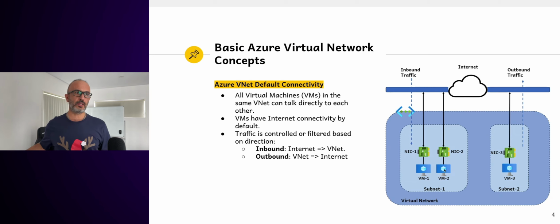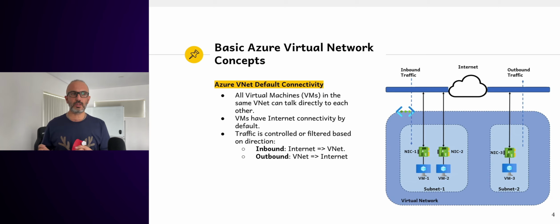The other thing that you need to be aware of is internet connectivity. All resources by default will be able to reach the internet when provisioned within a virtual network. This default behavior is actually being changed now by Microsoft. I believe in 2025, the default will be disabled internet connectivity.